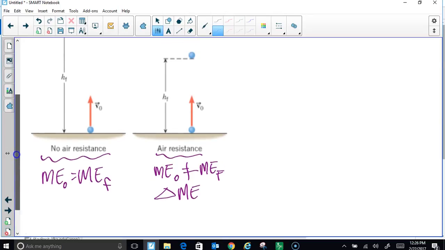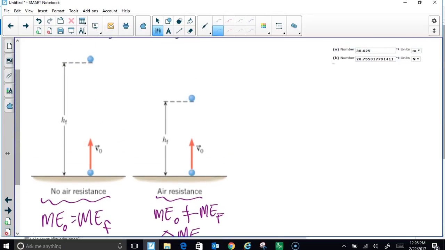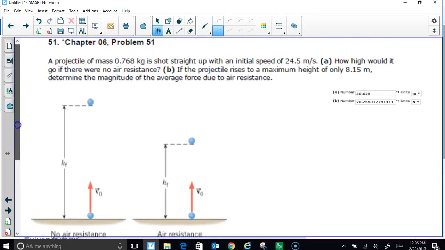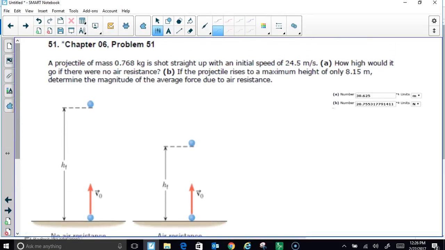So, starting with the first one, they give us an initial velocity, I believe. And if we call the initial height 0, then at this beginning, we know the mechanical energy, I'm going to write this over here.